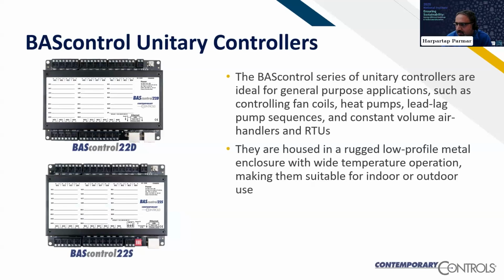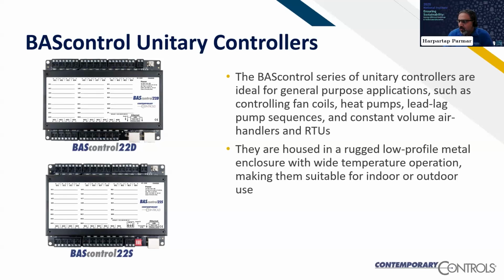These are the BAS Control 22-point unitary controllers. What are they used for? They can be used for any general purpose application. Those could be controlling your fan coil units. You can control heat pumps. You can also do lead lag pump sequence control, and you can also handle a constant volume air handler and also control rooftop units.